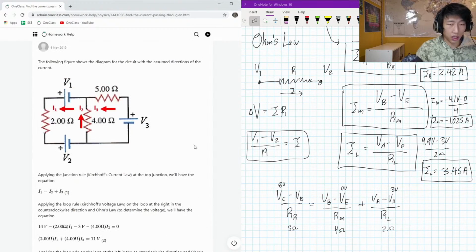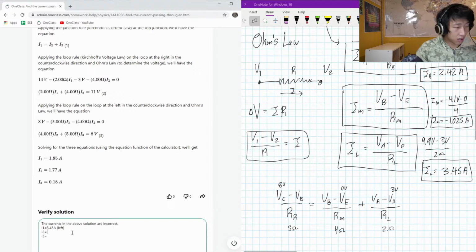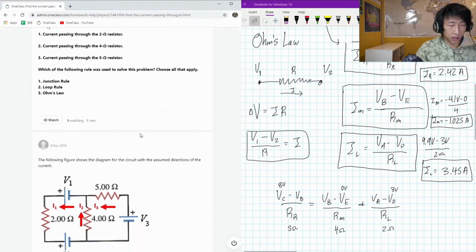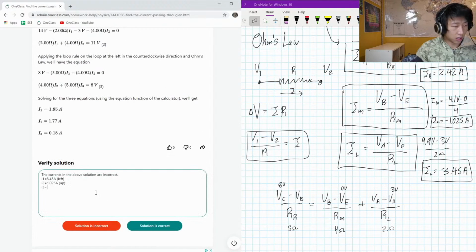I2 is going up at 1.025. The last one, I3, is 2.42 to the left.